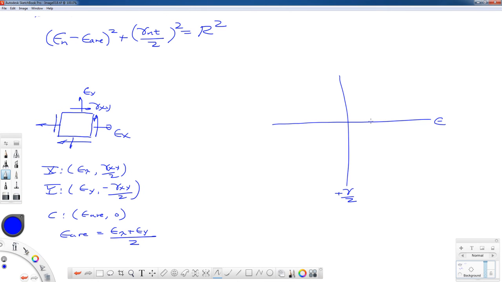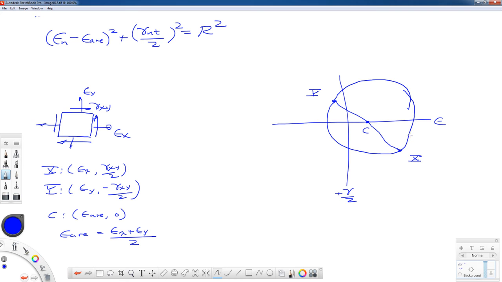So maybe this particular circle plots like this. There's the center. Maybe this is the x point here. And I'm going to cheat this a little bit. Maybe the y point ends up here. And then we can have a circle that connects those two endpoints along that diameter.